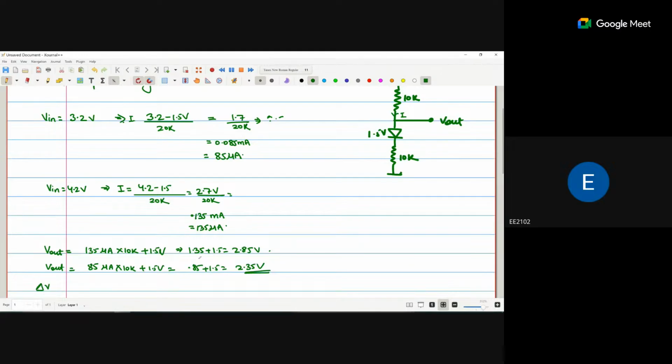Change in V out, del V out, 2.85 minus 2.35 volt, that is 0.5 volt or 500 millivolt.